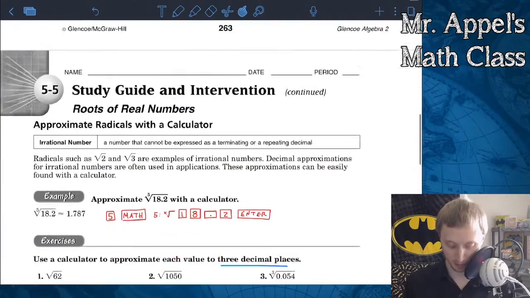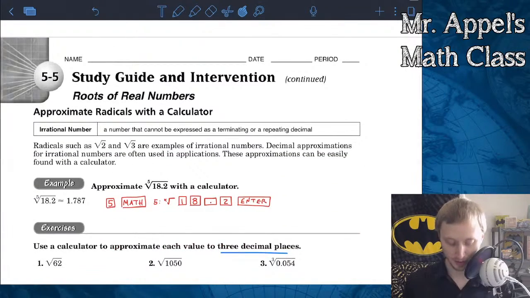Simplifying the radicals or approximating with a calculator? Well, then I'm going to leave you the rest of the period to work. Chime in if you do encounter any trouble.